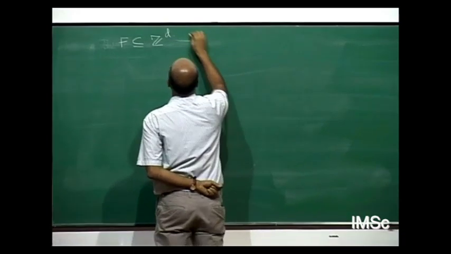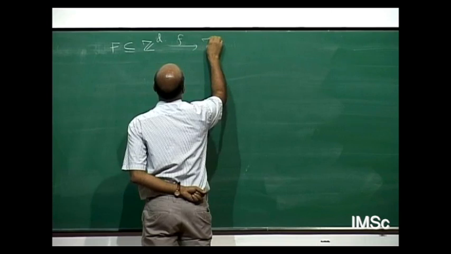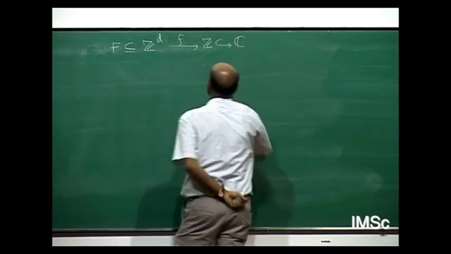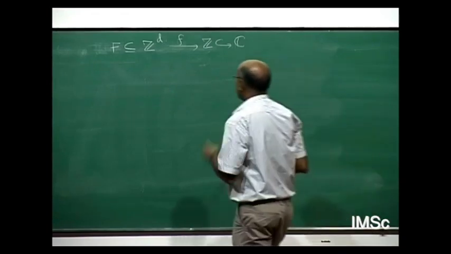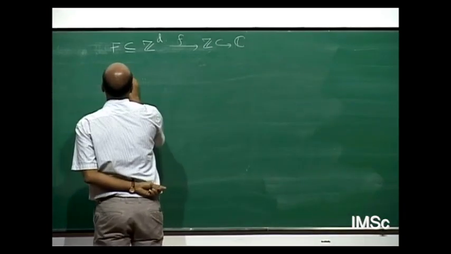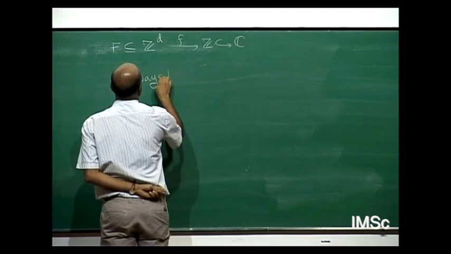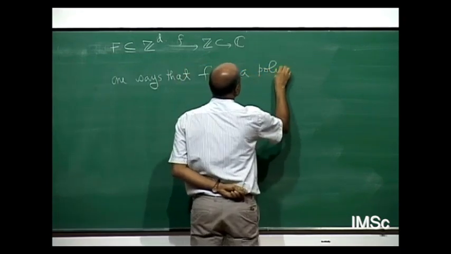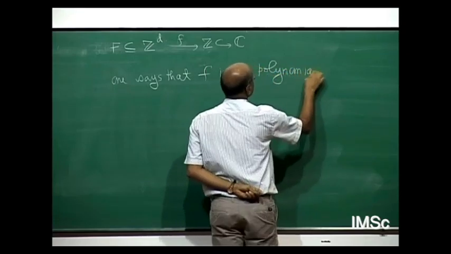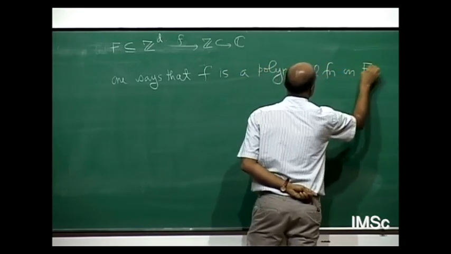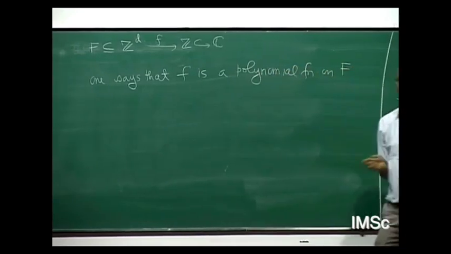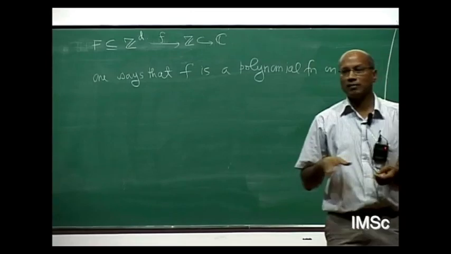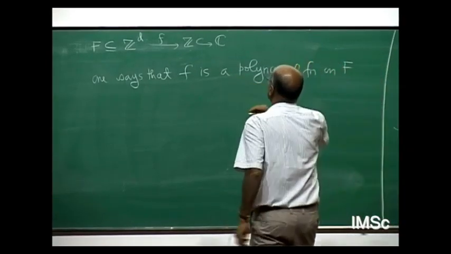And one will be given a mapping f from this to either Z or to C, maybe Z contained in C. And so then one says that f is a polynomial function on F. So F is at the moment just a subset of Z to the power d, and the typical example of a subset of Z to the power d which I have in mind is the set of positive integers.